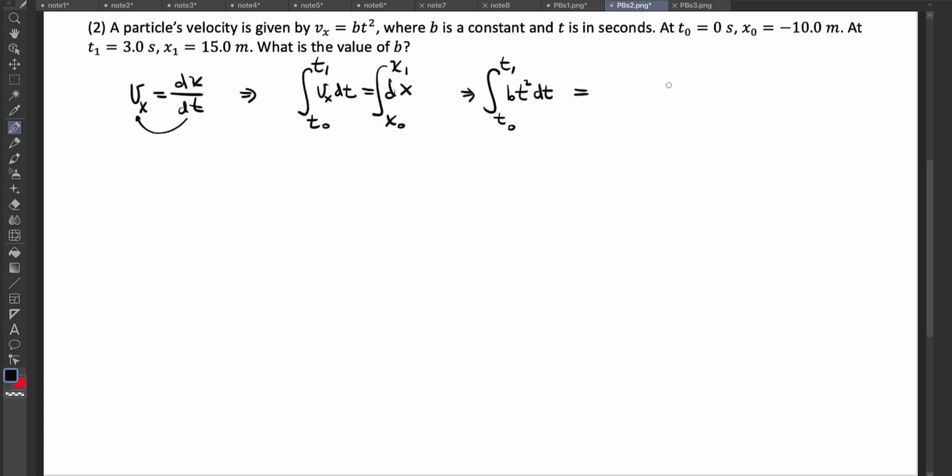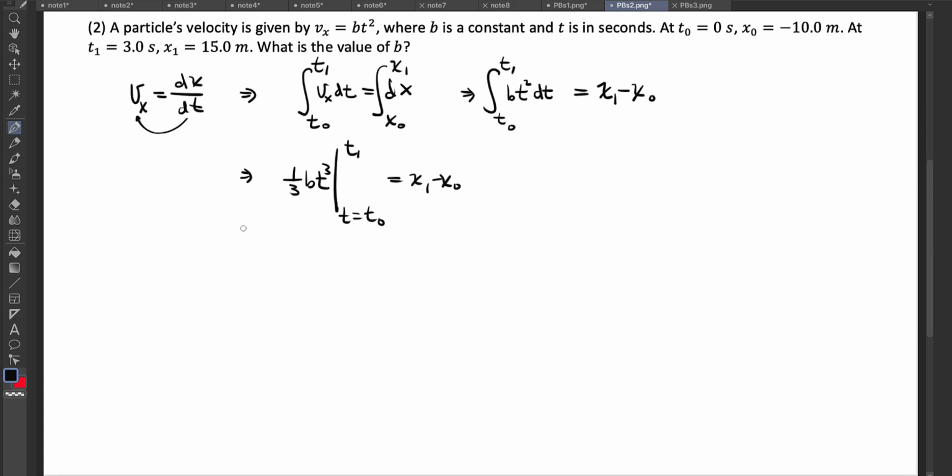The right side is easier because we integrate over 1, and the result is simply x1 minus x naught. Now let's see the left side. The b is constant, so it doesn't affect the integral. So we have 1/3 b t cubed, where t goes from t naught to t1.